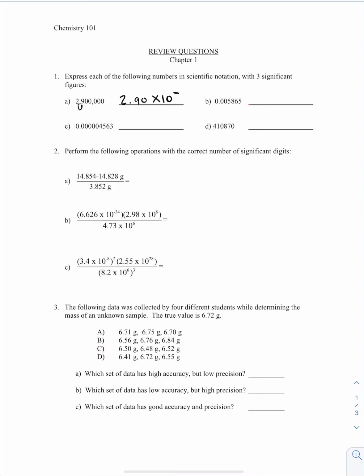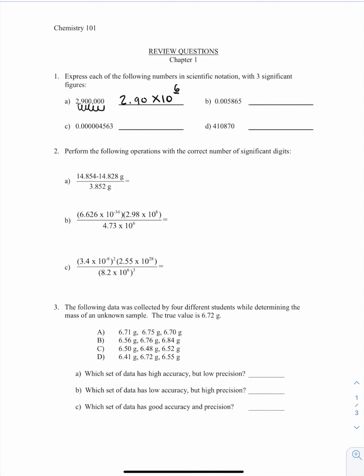So it's 1, 2, 3, 4, 5, 6. So that means our exponent is to the 6th power. So your final answer should be 2.90 times 10 to the 6th. And that's by counting the spaces from the first significant digit all the way to the end of that number.